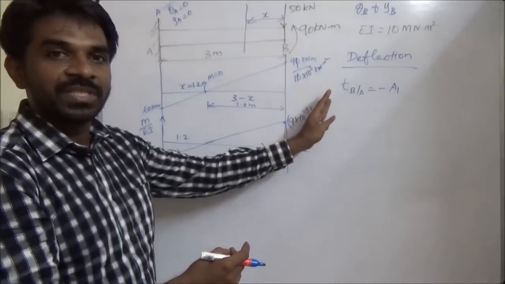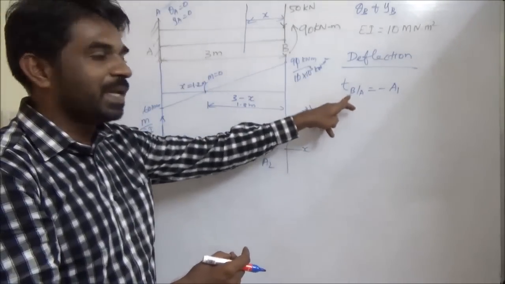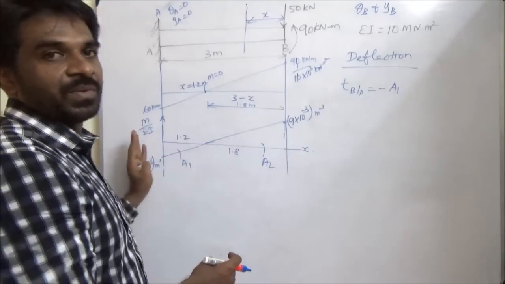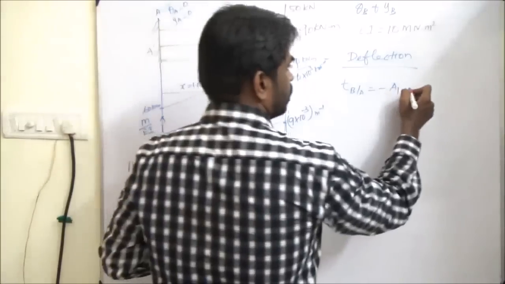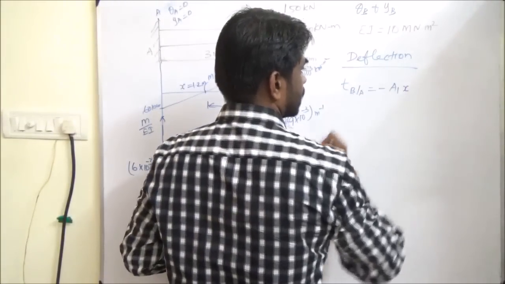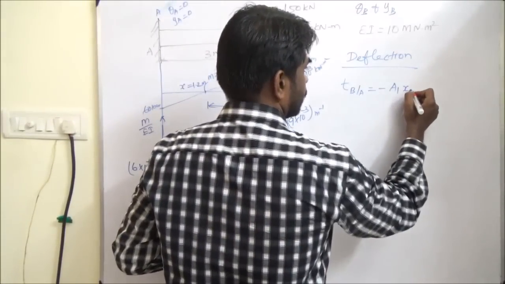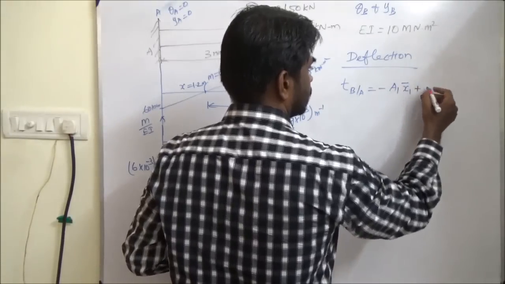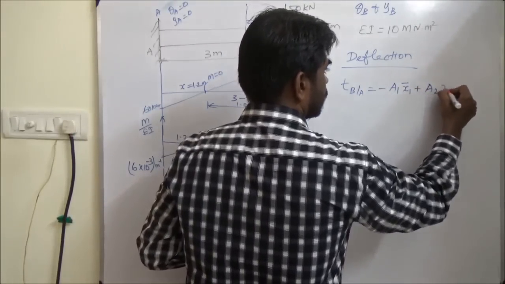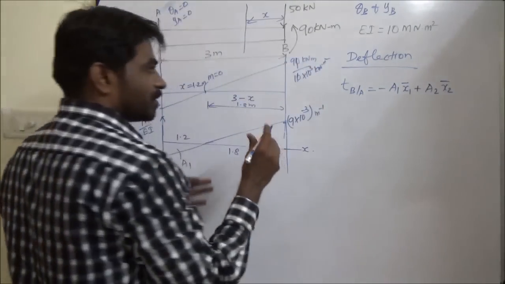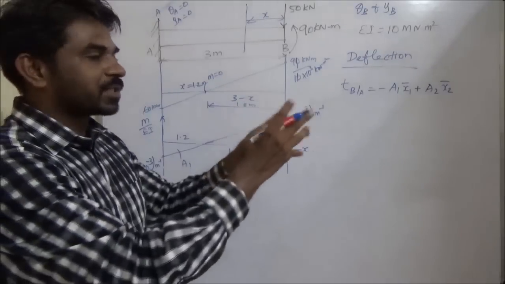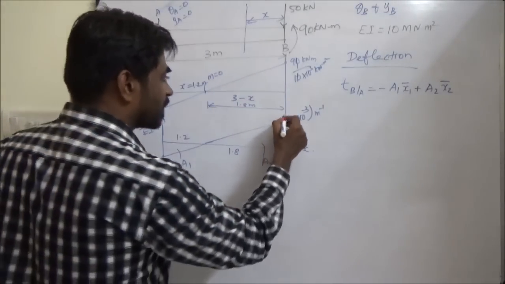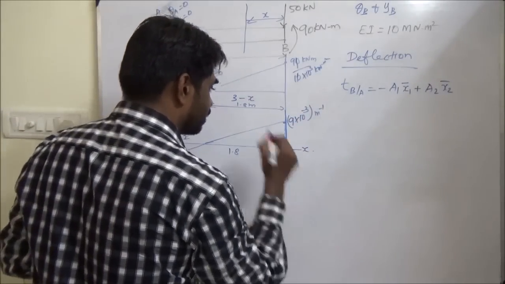The tangential deviation of B with respect to A. So the x1 bar and x2 bar we have to calculate from this end.